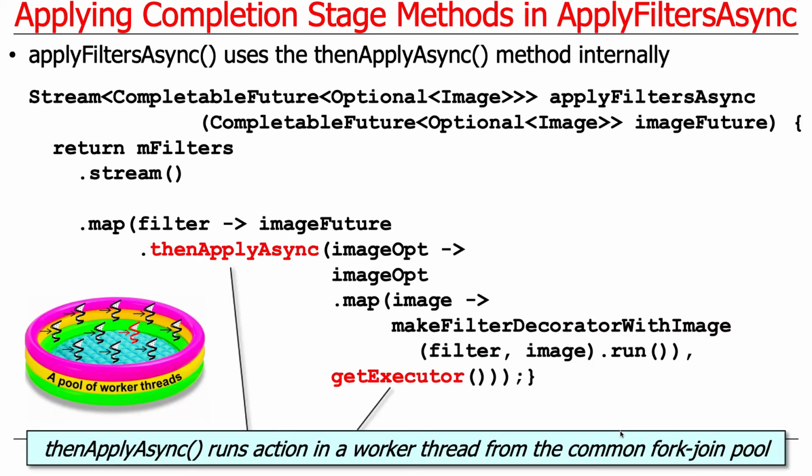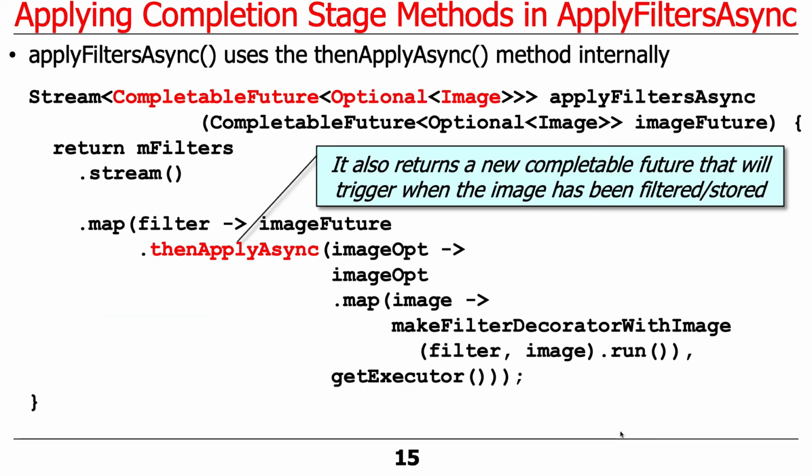And as before, thenApplyAsync is called using the executor that's returned from the getExecutor helper method, and that, of course, is the common fork join pool. So that particular filter will be called, and the filter decorator will go ahead and apply the image transform and then store the result into the file system with the appropriate name. And that all takes place asynchronously.